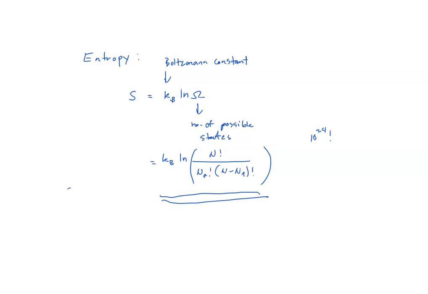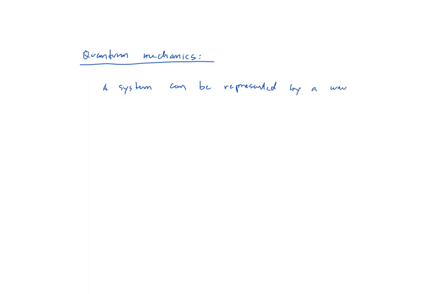Ano pa ba ang pwede natin gamitan ng probability? Okay? So, for example, sa quantum mechanics, although may nagko-quantum mechanics sa inyo dito, okay? A system can be represented by a wave function.